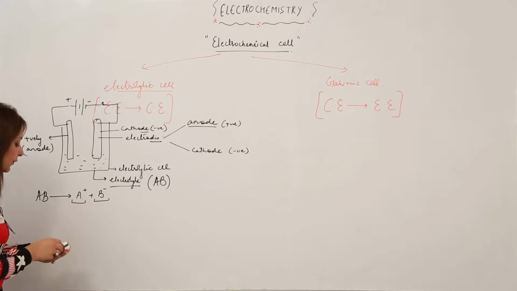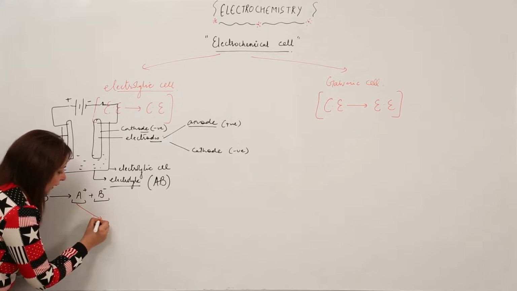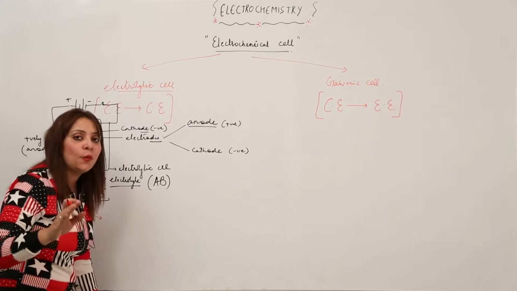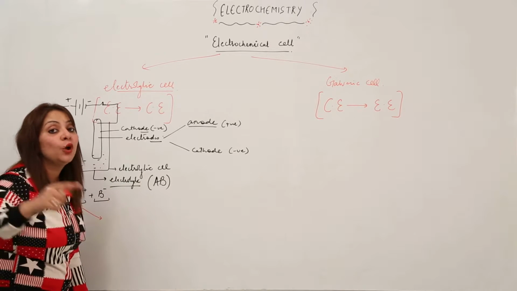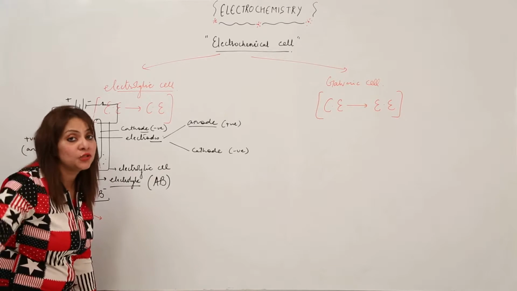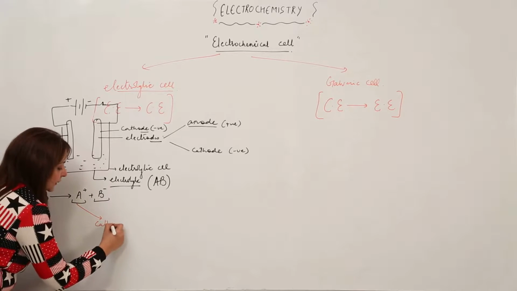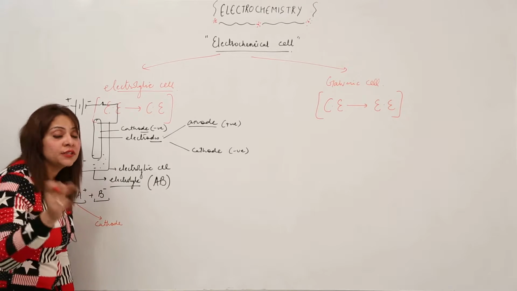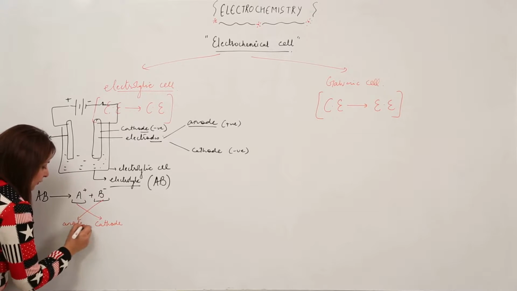Now, what will be the fate of these ions? This positively charged ion will move to the negatively charged electrode. You know that opposite charges attract each other, right? So the oppositely charged ion will obviously go to the electrode which carries the opposite charge. That means it will go to the negatively charged electrode, that is the cathode, and this negatively charged ion will go to the positively charged electrode, that is the anode, right?